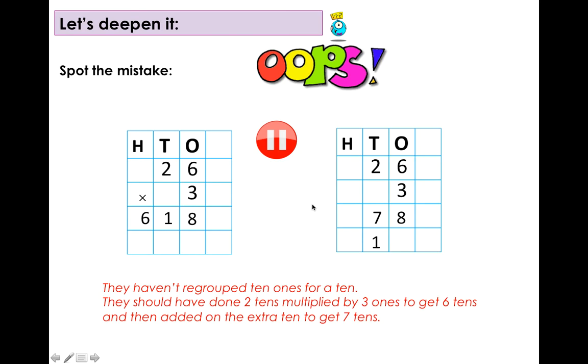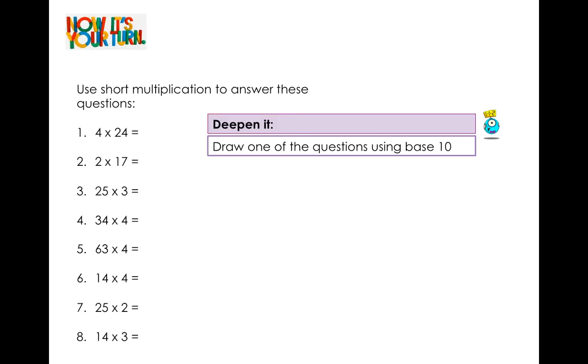Okay, right. So today you have 8 questions to have a go at using the short multiplication method that we've looked at. So remember, if you've got more than 9 ones, then you need to regroup your 10 ones for a 10.